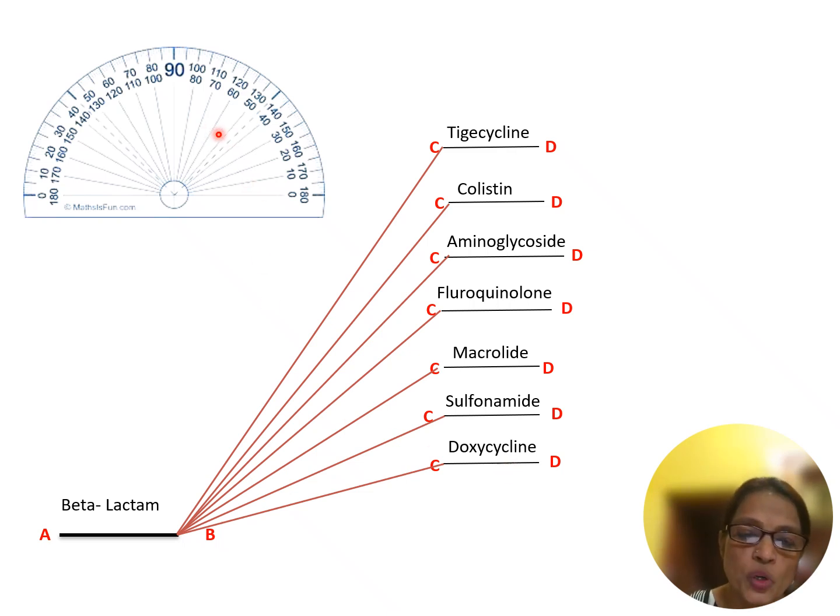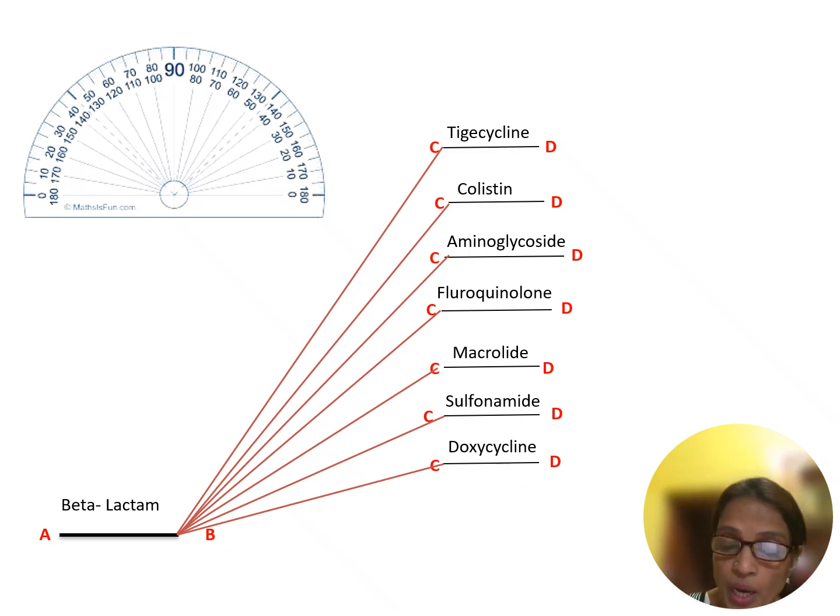So if you bring this protractor, I have provided a protractor, onto this angle to measure ABC, the angle that measures 147 is macrolide. So you use the macrolide, or the angle that measures 165 corresponds to doxycycline. So use either a macrolide or a doxycycline to cover the atypical pathogens.